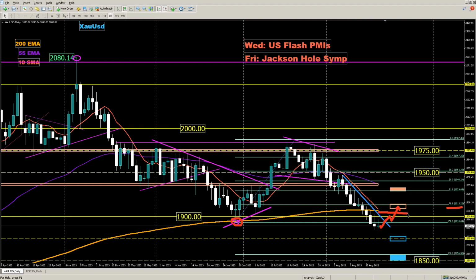That will be above the daily 200. Otherwise, if it's pulling back to get rejected at 1900, then there's going to be further weakness towards the 1875, and then danger if that support breaks.